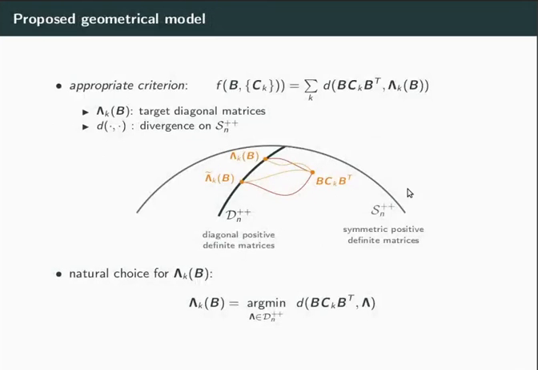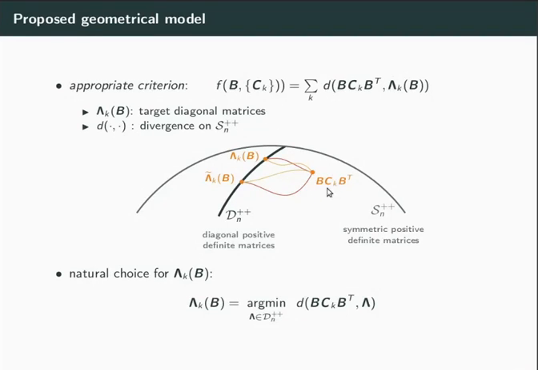So what we proposed in this case is to have a geometrical model. And for that, the appropriate criteria are, for instance, the sum of the divergences between the matrices B C_k B transpose and some target diagonal matrix on the set of positive definite matrices.